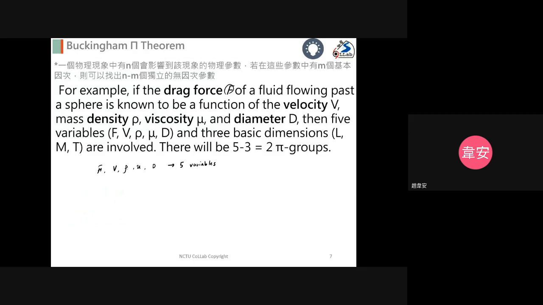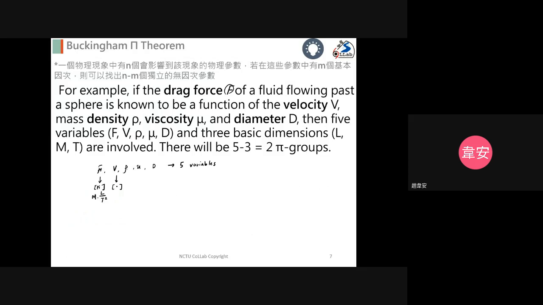And how many dimensions are involved? As you see, the dimension of the force, we need to have the mass first, and the force is equal to mass times length divided by time squared. And what is the velocity?